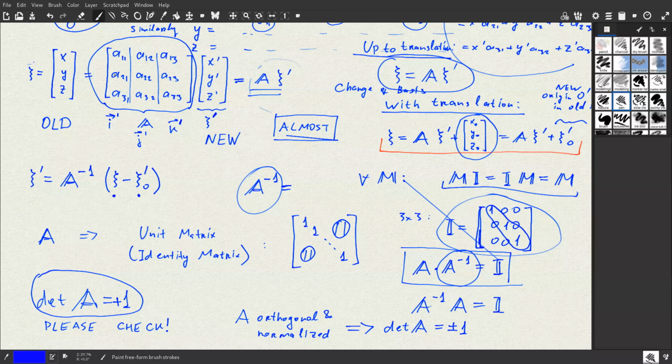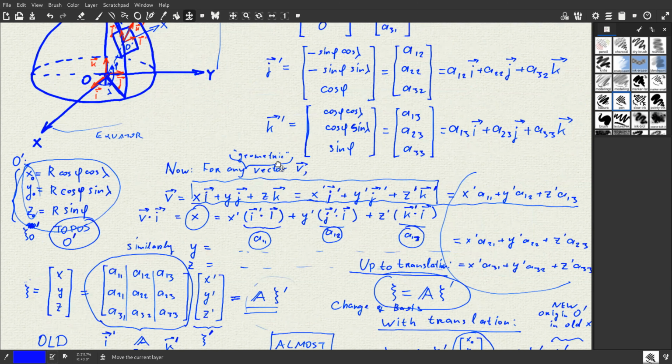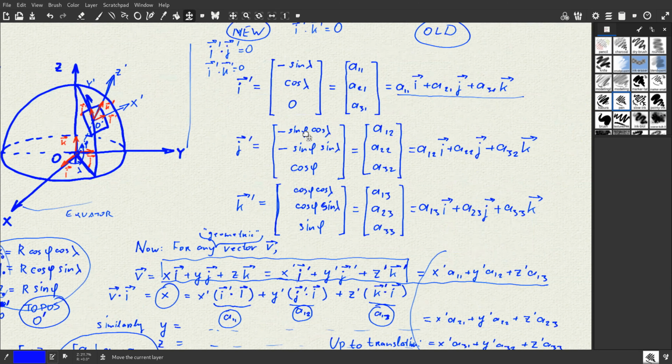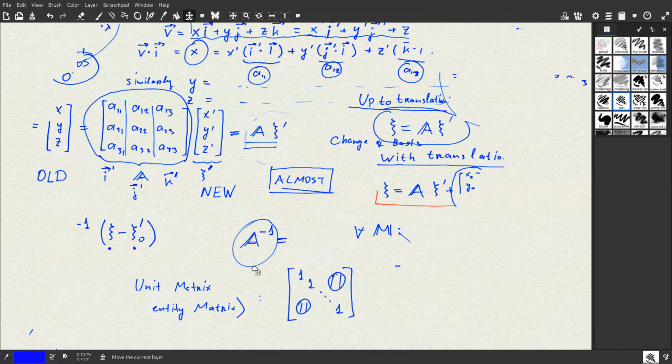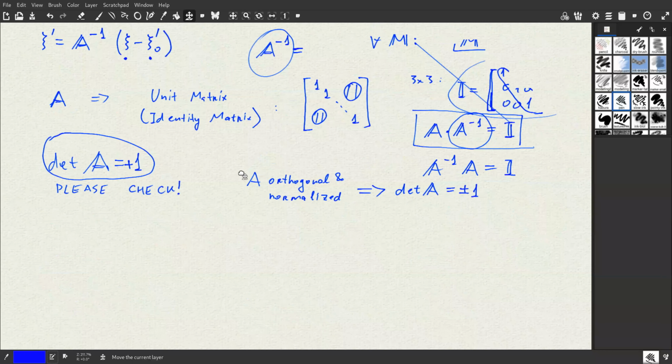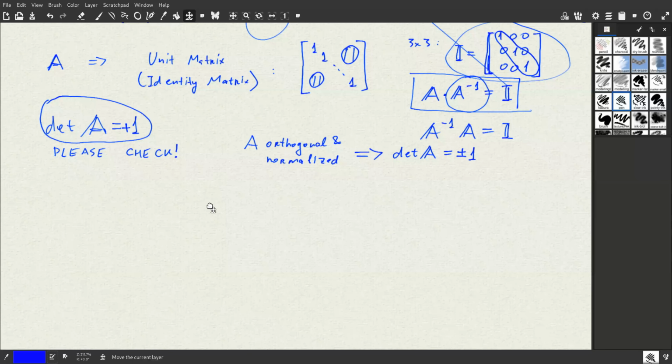So write down, this is a very good exercise for you, write down matrix A, expressing all these Aij coefficients through sine and cosine functions of phi and lambda, as we did, and honestly compute the determinant. You remember the formulas for the determinant for a 3x3 matrix. You will get 1 after collapsing all trigonometrical terms.